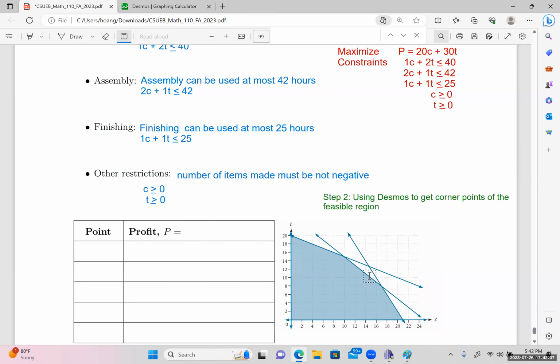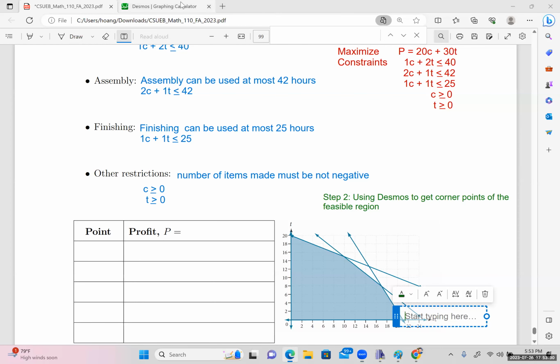After you graph it by Desmos, you need to know the point for each intersection, each corner there, right? I think that's gonna be 0, 20, and this will be something like 21, 0, something like that.